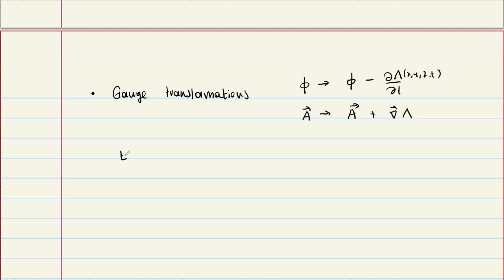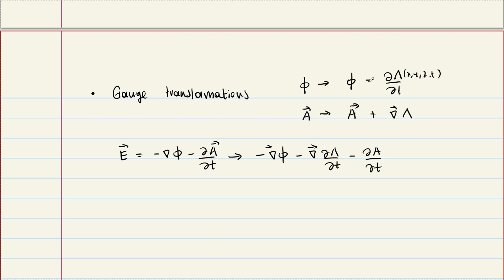Why? Let's write. So E is minus del phi minus del A del t, and this is going to give us, right, after the transformation, this is going to go to minus del phi plus del lambda del t, and I need to take time derivative of A, so this is going to be minus del A del t. Something is not right.